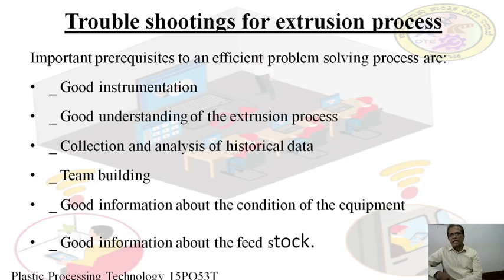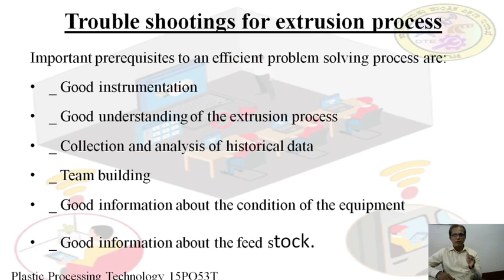Important prerequisites to an efficient problem-solving process are: we should have good instrumentation, that means to read the parameters, set the parameters, and of course maintain the required parameters, for which we need good instrumentation. A good understanding of the extrusion process is also very important.